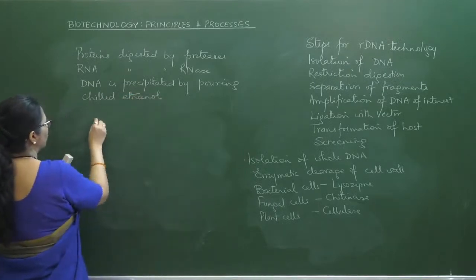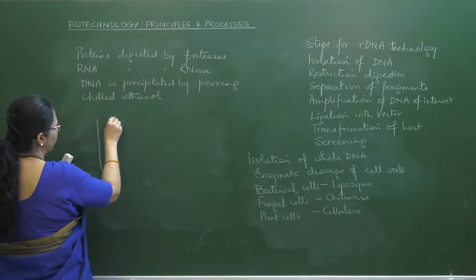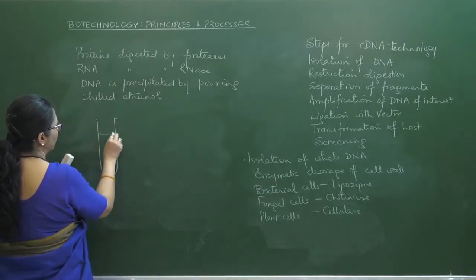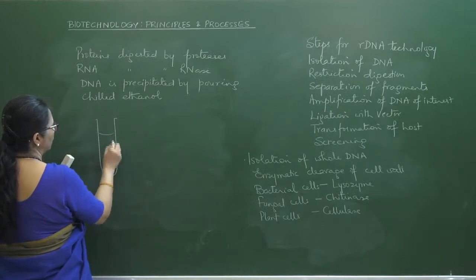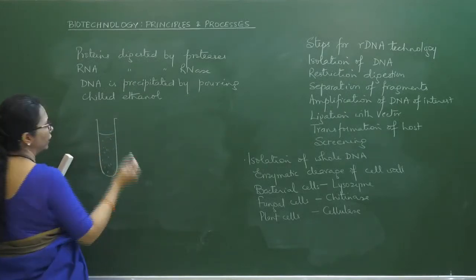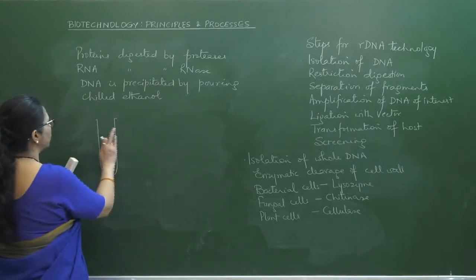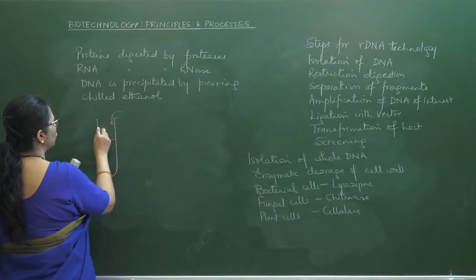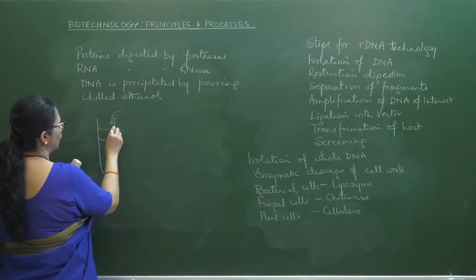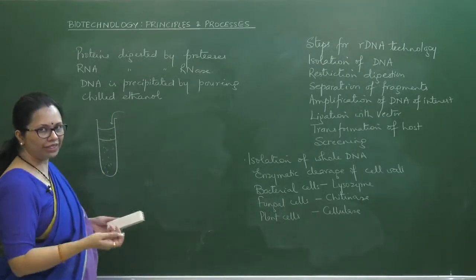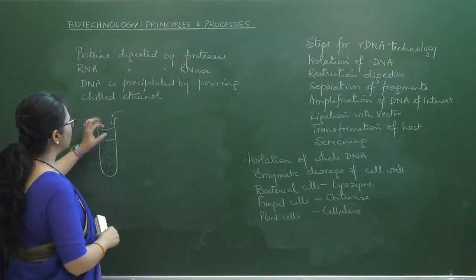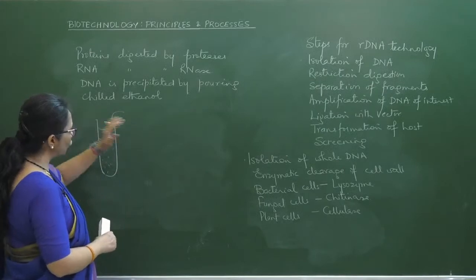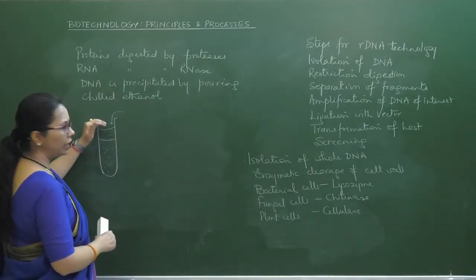Chilled ethanol. So in this case, in the solution that we have, all these digested end products are there, and DNA is intact. When chilled ethanol is poured, although ethanol and water mix, you know that, since it is cold and we put it very slowly from the sides, there would not be immediate mixing.